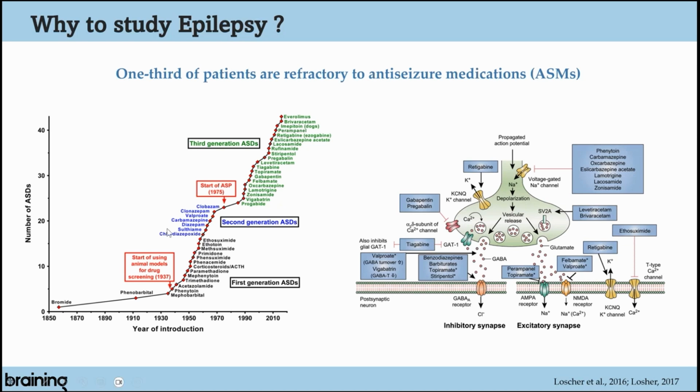So despite having all these anti-seizure medications that have multiple targets within the brain, we still have 20 million people that have epilepsy, that suffer convulsions, and that indeed have a poor quality of life. So it is important to research epilepsy.